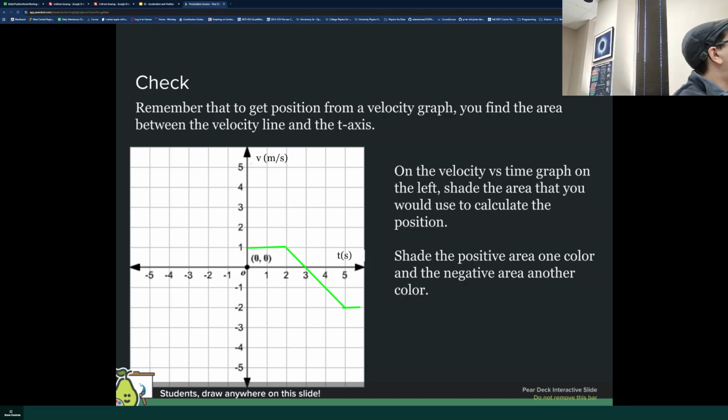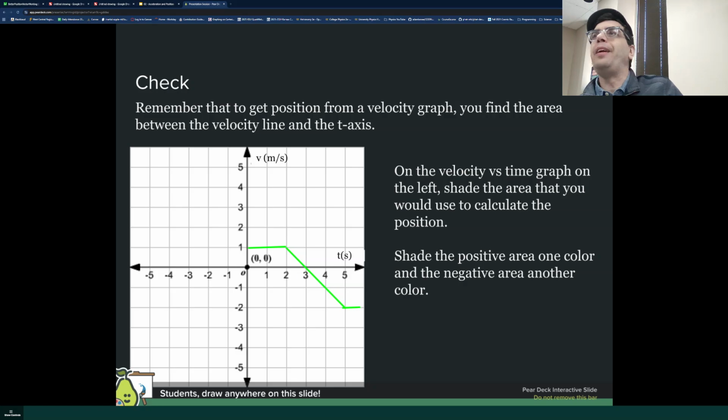So it's always going to be the area between the graph itself and the t-axis. So if the graph is above the t-axis, it's going to be the area here. And if you're looking at the graph below the t-axis, it's going to be this area here. So, I've just told you the answer.